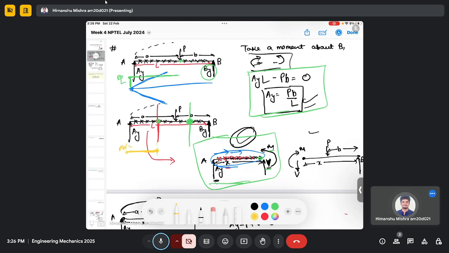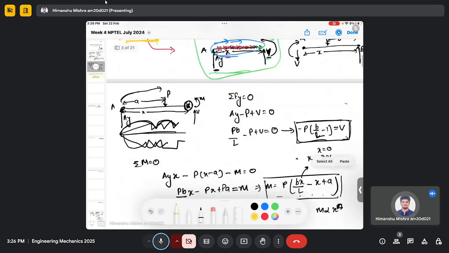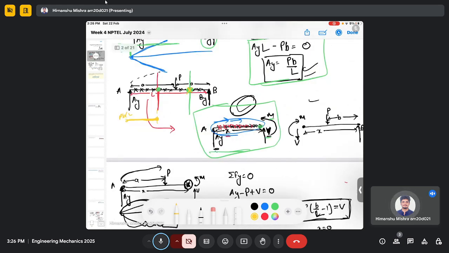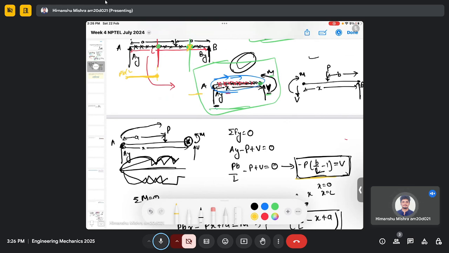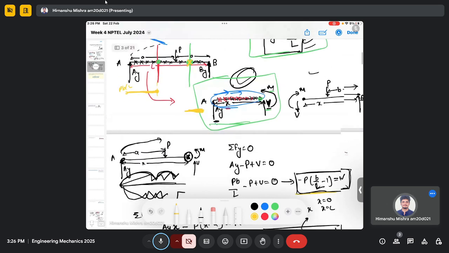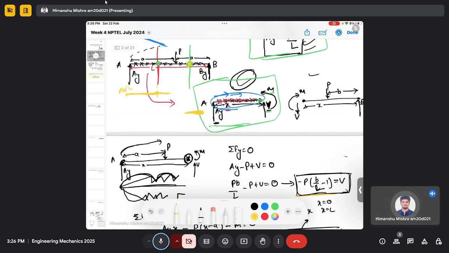It was Pb by L, and at another arbitrary point here, we will get another constant shear force, which is minus Pb by L plus P. So it will again be a constant but at a different location. So it will keep constant until P.